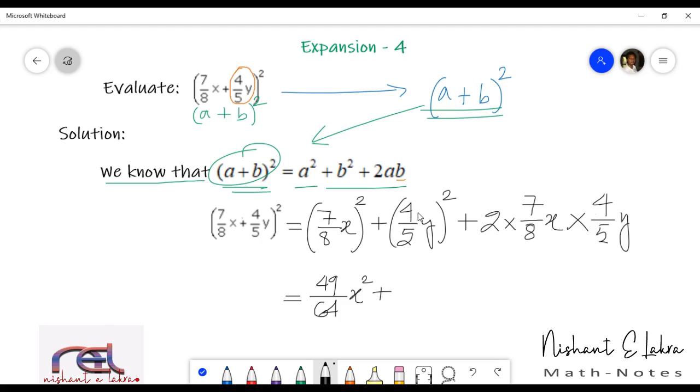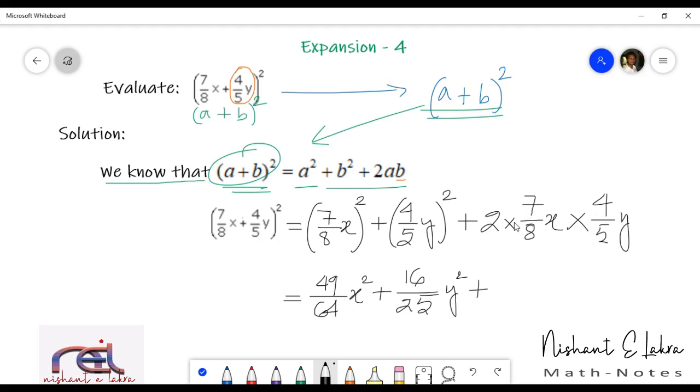Plus, we will solve the second part, (4/5 y) whole square: 4 square is 16, 5 square is 25, and y square, because y into y is y square.